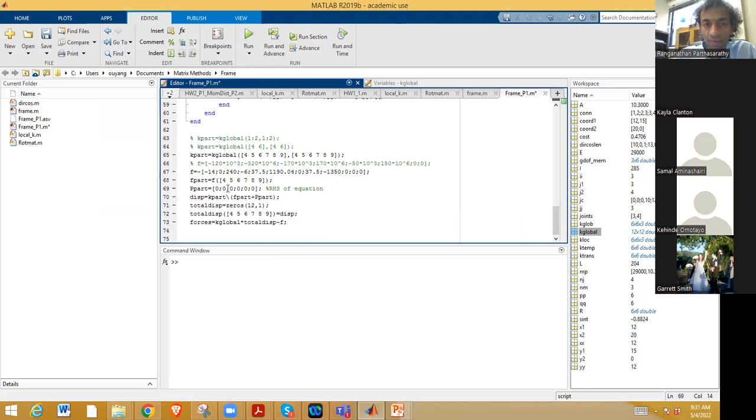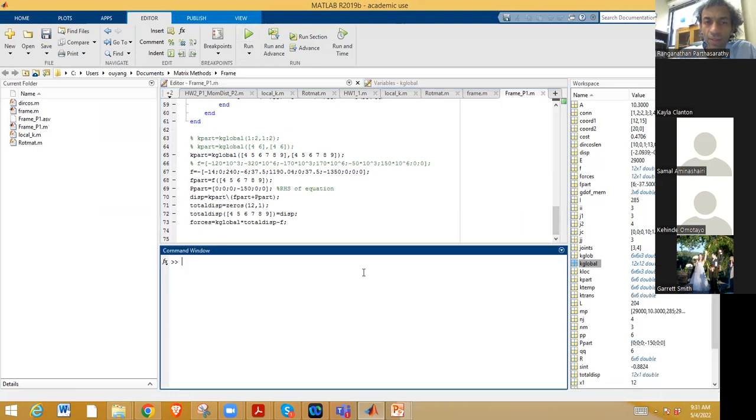So P4, P5, P6, and P7 here is negative 150. Now it is fine. So let's run the whole thing. Now let's check the forces.